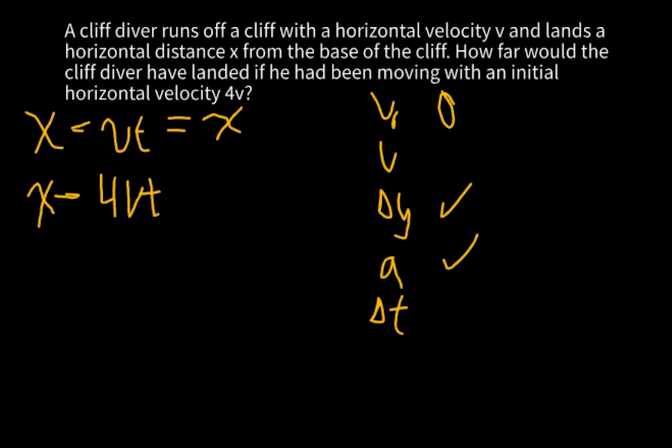So that just means he's going to travel a distance of 4x. That tells us that when the horizontal velocity quadruples in this situation, then the horizontal distance traveled also quadruples.